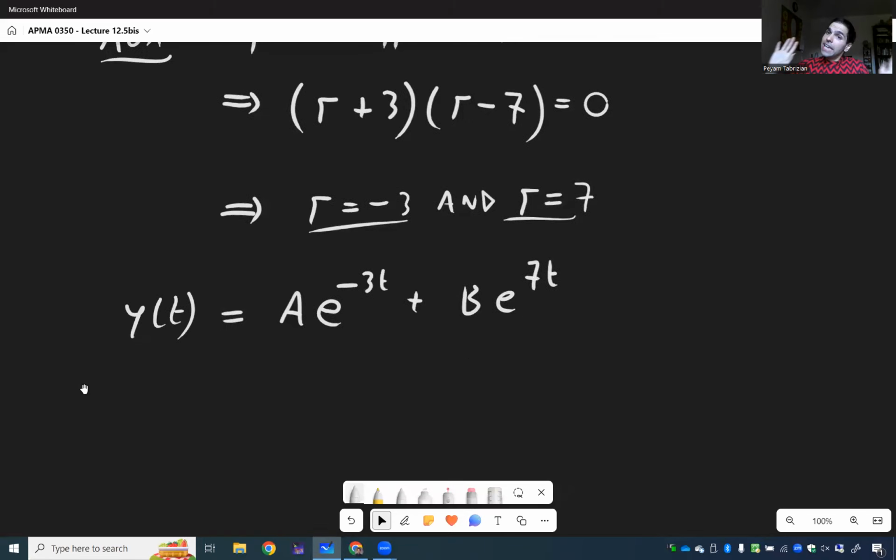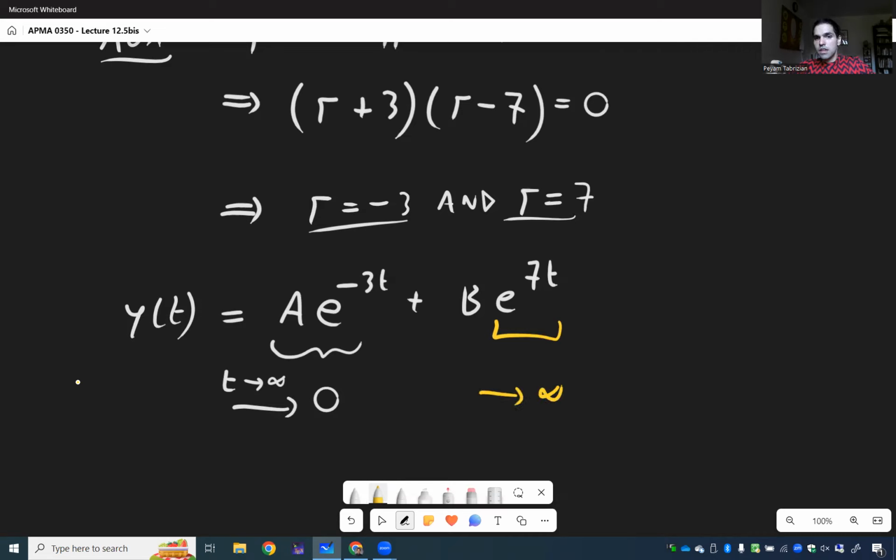And now, well, we cannot really find initial conditions, but we can figure out what happens as t goes to infinity. Notice this whole term as t goes to infinity goes to 0, no matter what a is. But this e to the 7t term, it blows up to infinity, right?